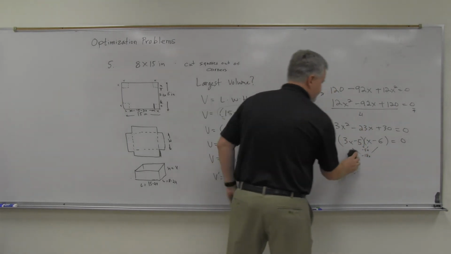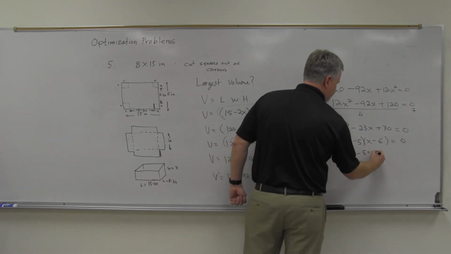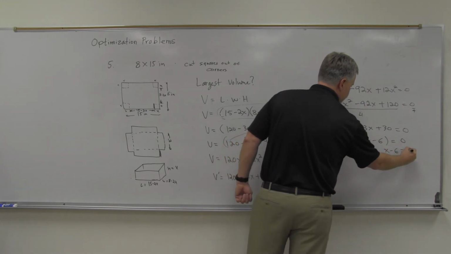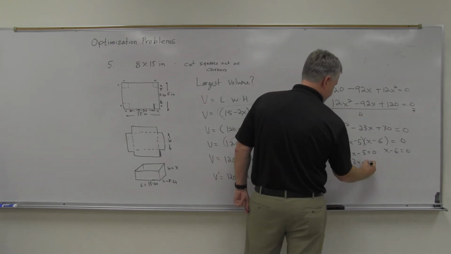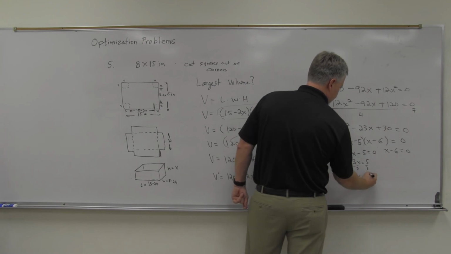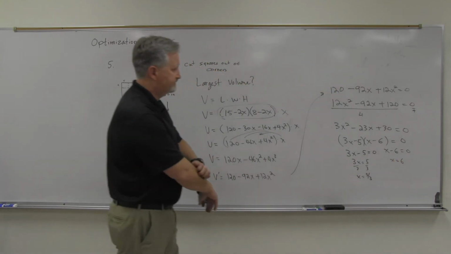Yeah. All right, well, so that means we got 3x minus 5 equals 0 and x minus 6 equals 0. This is the first one we've had where we had two options. So 3x equals 5, divided by 3, x is 5/3. And then x is 6.